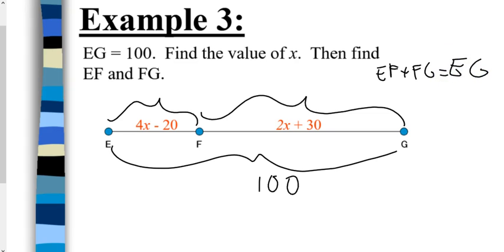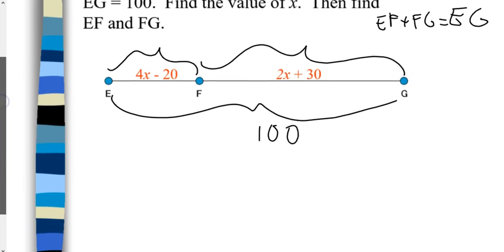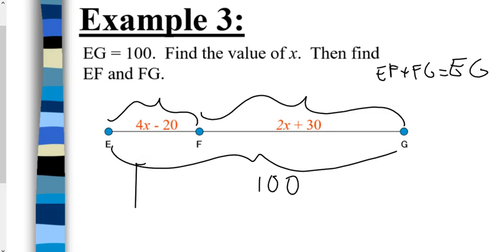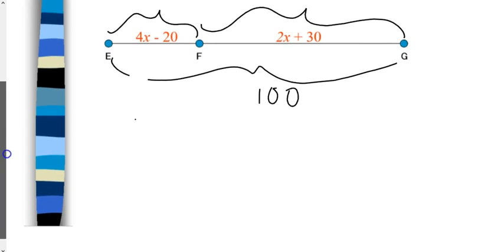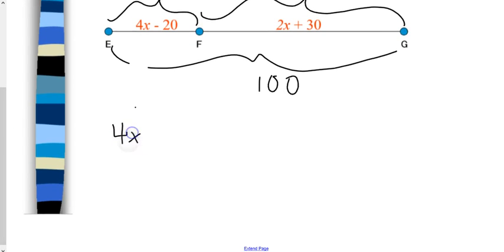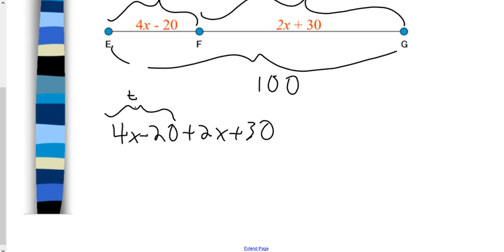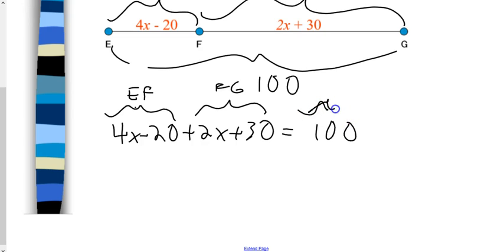And that's all we do, is we write that as an equation, except this time we have expressions instead of just straight up numbers. So, we write 4x minus 20 plus 2x plus 30. Now remember, you don't have to do this when you're doing it, but this is EF. And then this is FG. And that equals 100, which is EG.